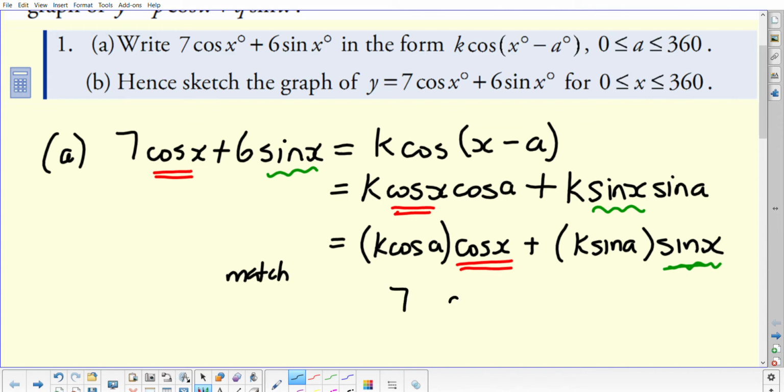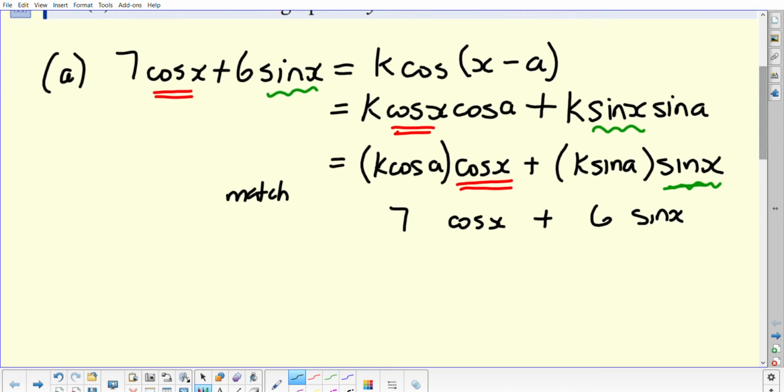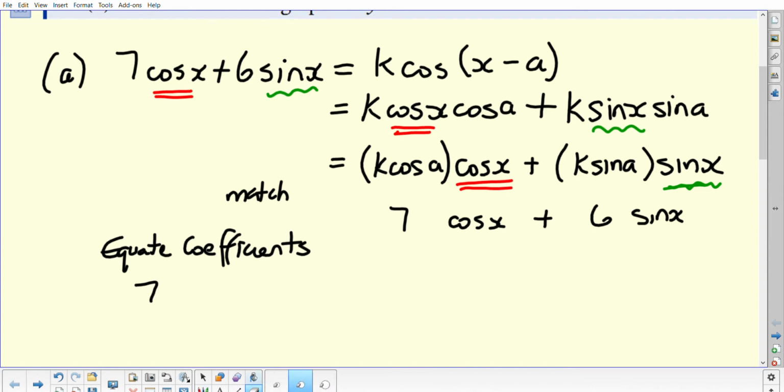So you want to make sure that you're matching up left hand side and right hand side. You can write them underneath just to see, and you can use highlighters or whatever, basically equating your coefficients, and that produces your two little mini equations. So you can see here that your k cos a needs to be equal to the 7.